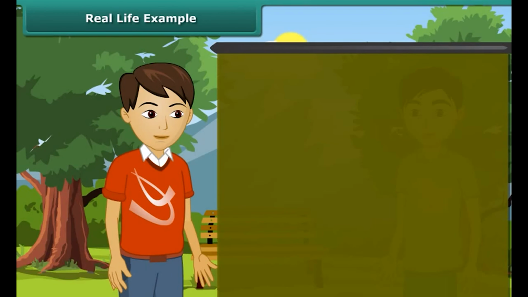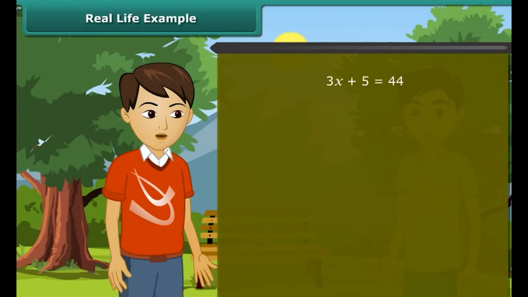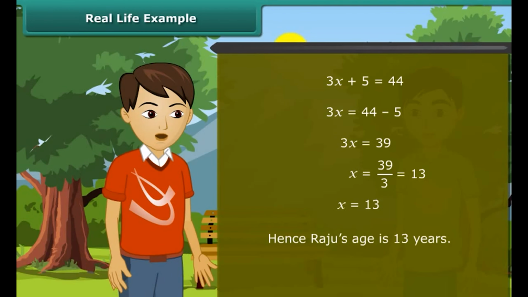Now 5 years more than 3 times Raju's age is 3x plus 5, which is equal to 44. Now we will solve this equation. Transposing 5 to the right-hand side, we get 3x, which is equal to 39. Transposing 3 to the right-hand side, we get x as 13. Hence, Raju's age is 13 years.